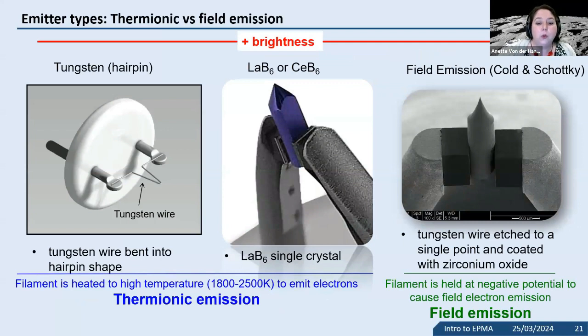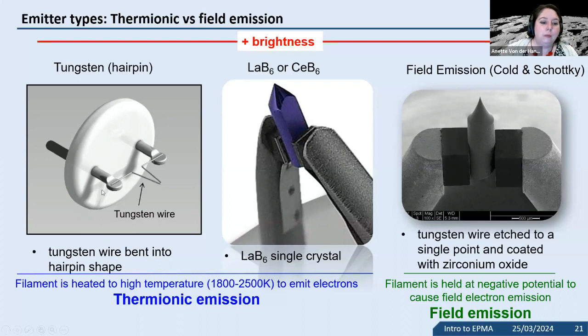Okay, so when you look for electron microprobes, differences start all the way up at the electron gun. And so usually we find three different types of electron guns. The same electron guns you can also find in scanning electron microscopes. And each one has its advantages and disadvantages, hence why you can find all three in different instruments to purchase.